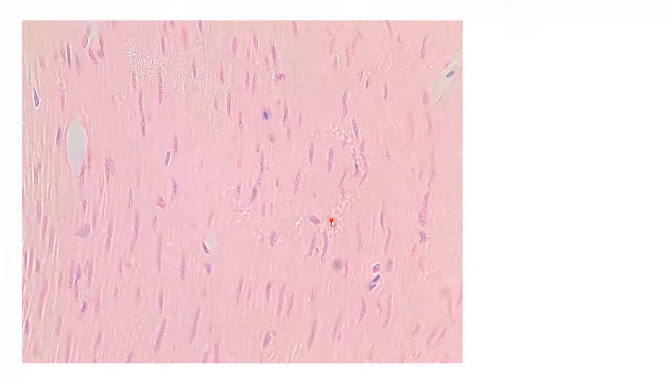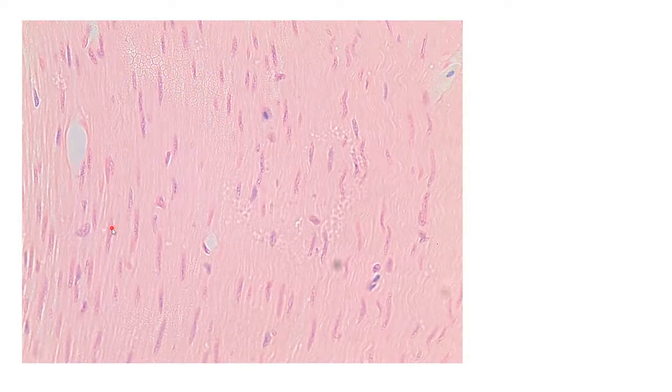The biggest tip-off to help you tell it's smooth muscle tissue is the size of the nuclei. If you see all of these purple, dark blue spots, these are the nuclei of individual smooth muscle cells.